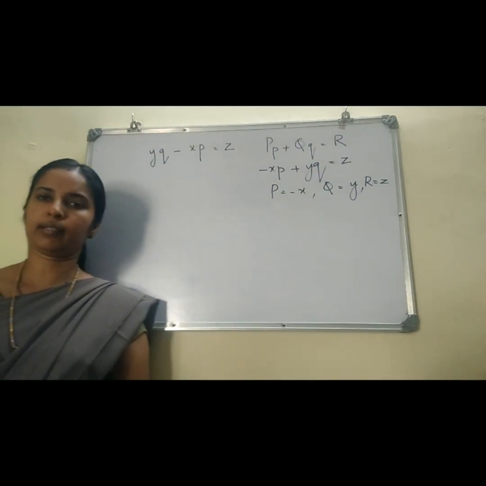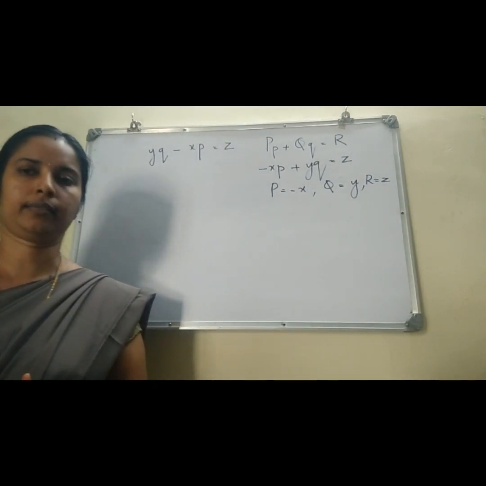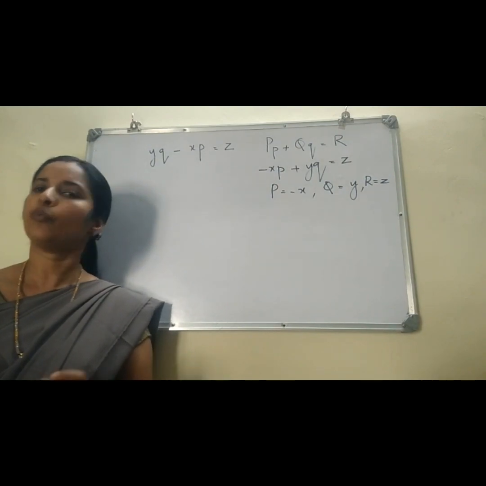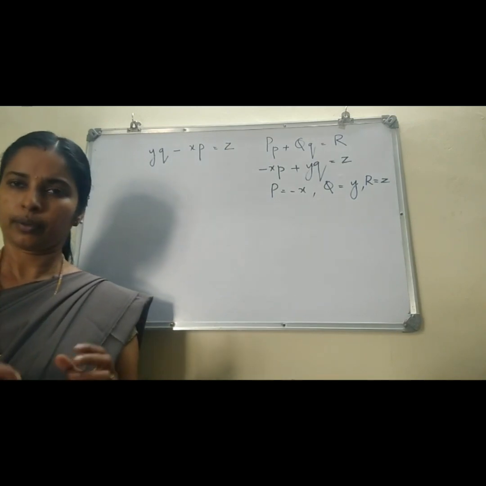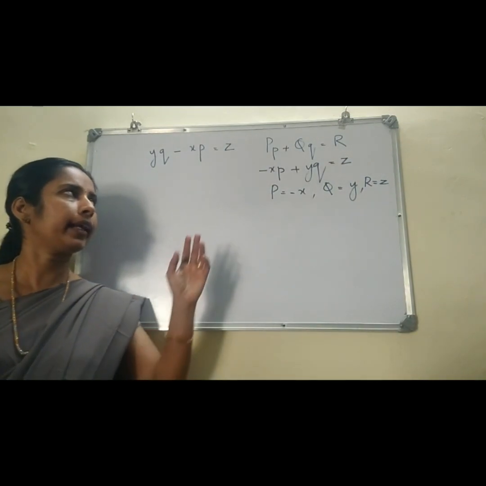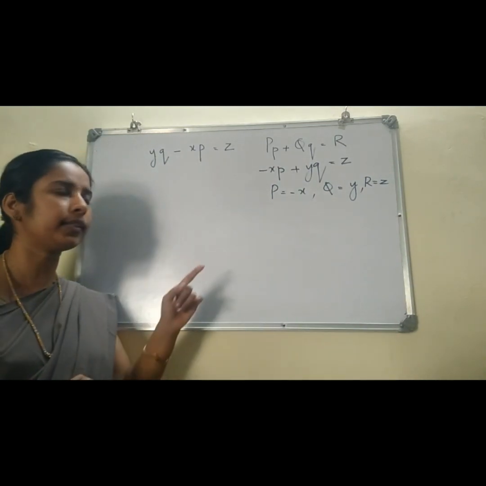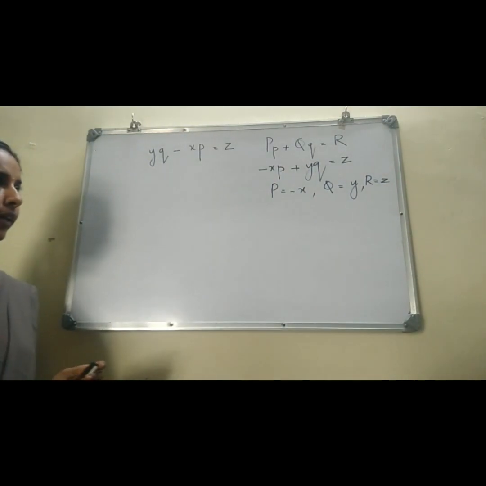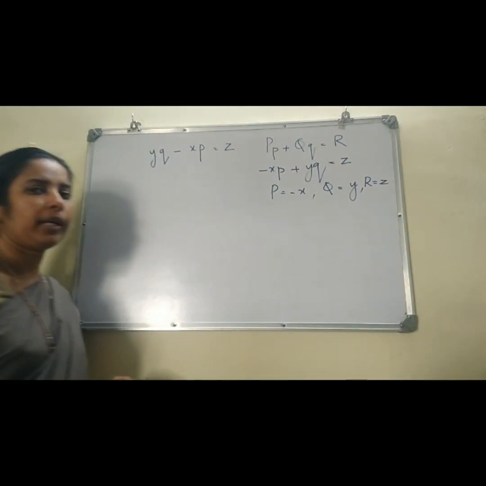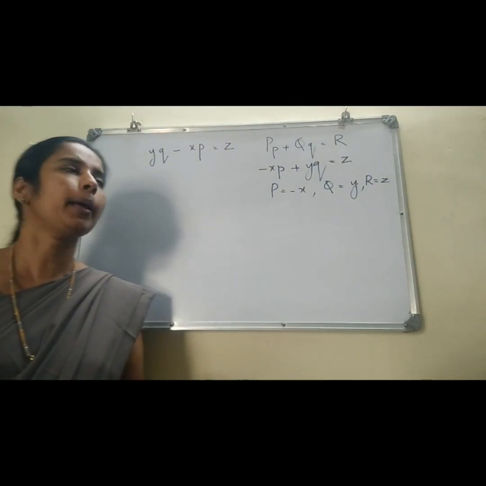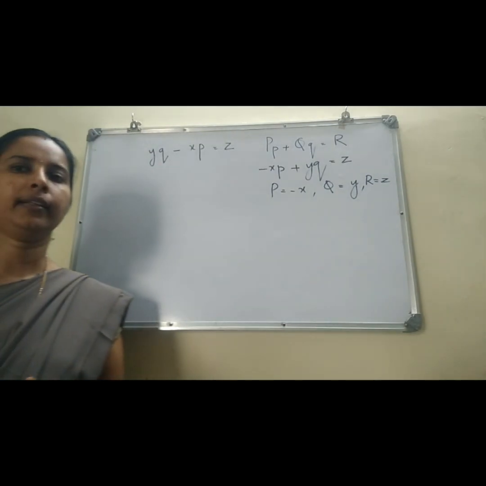We know the auxiliary equations are dx by P is equal to dy by Q is equal to dz by R. For writing them, we need P, Q and R. For that, consider the general form of the Lagrange's equation Pp plus Qq equal to R, and compare the given equation with this general equation. By comparing these two equations, you can see P is minus x, Q is y and R is z.